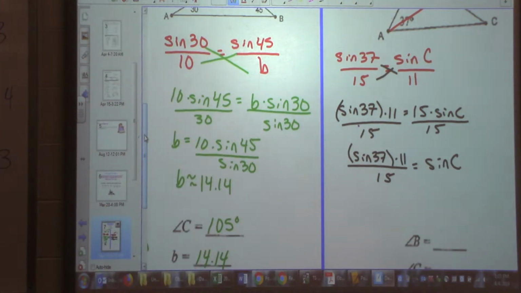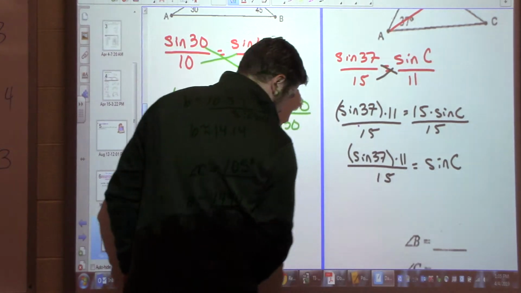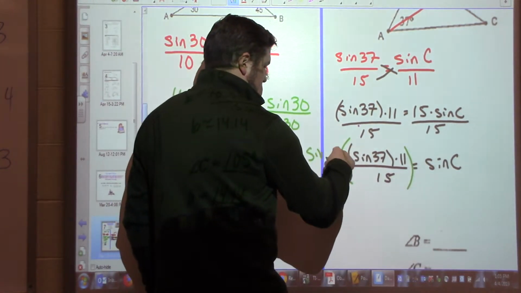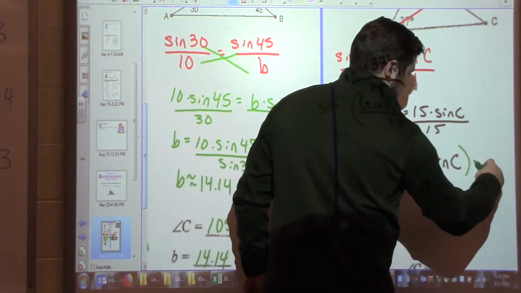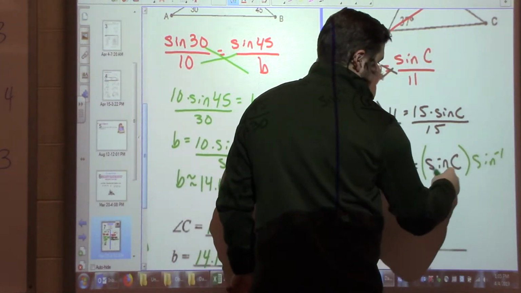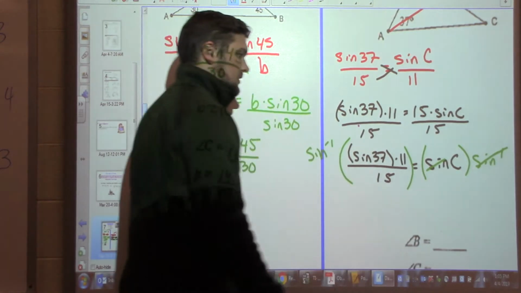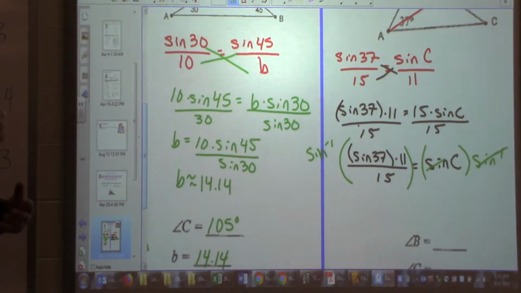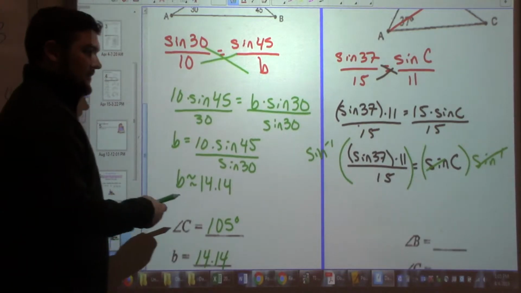Right? I want C. I don't want the sine of C. You got to do the inverse, because we got to get that C by itself. So let's do the inverse of both sides. So C equals the inverse sine of sine of 37 times 11 divided by 15.